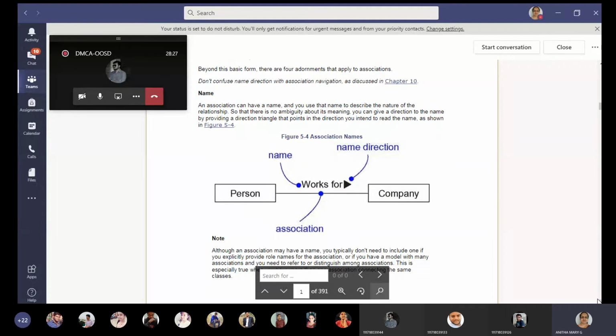Moving on to the first one, name. In this example there are two classes, person and company.